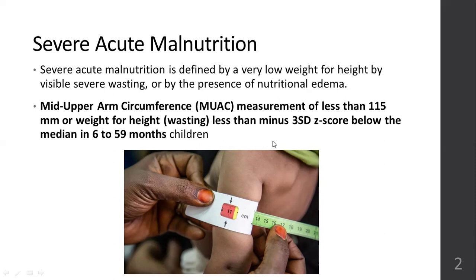So mid upper arm circumference is very easy, and you don't require any invasive device in this. That is the reason why you have to teach this to mothers who have just given birth. Teach them the importance of mid upper arm circumference.